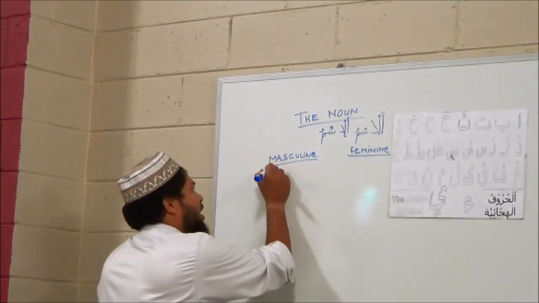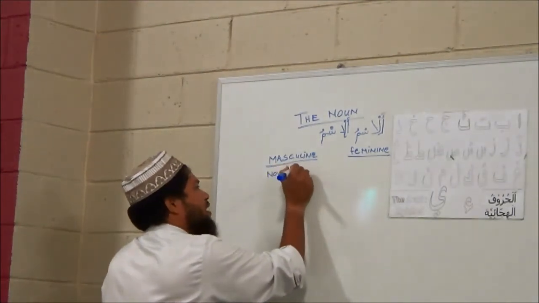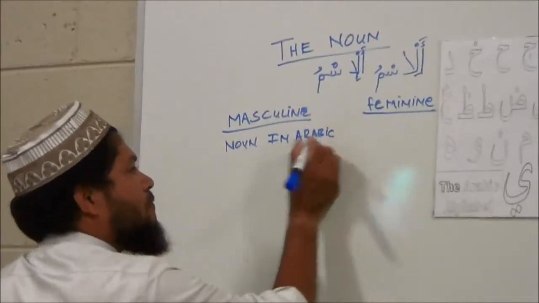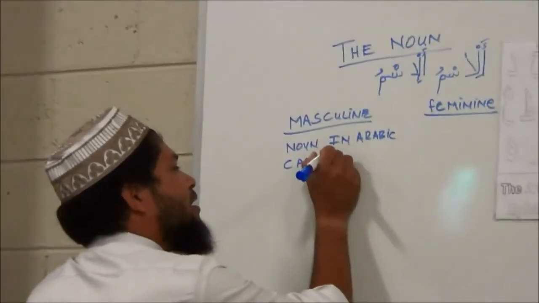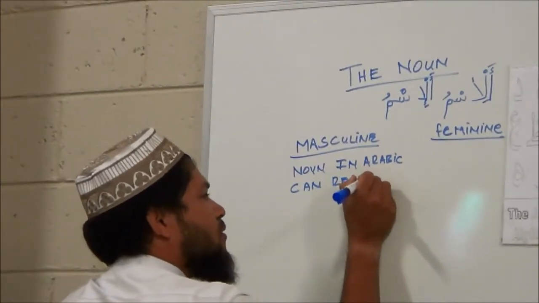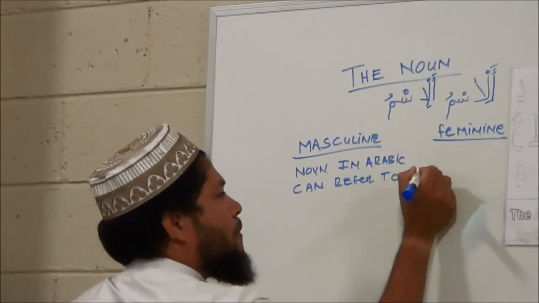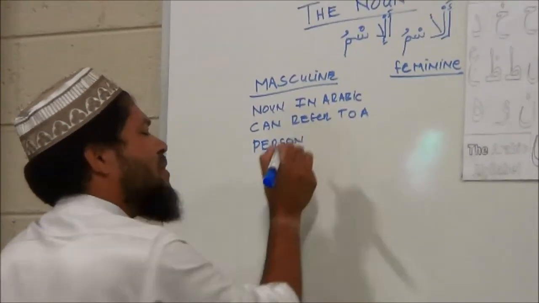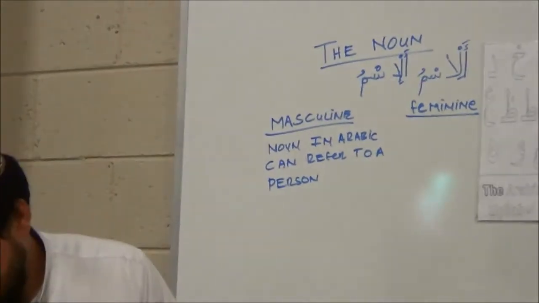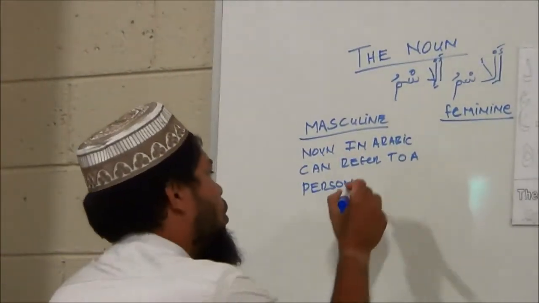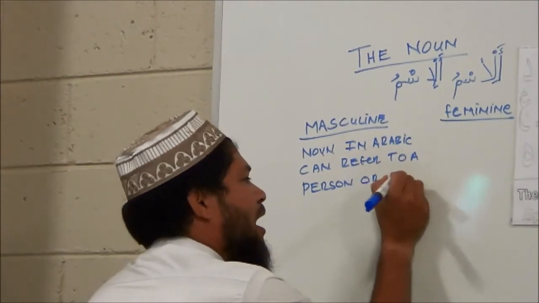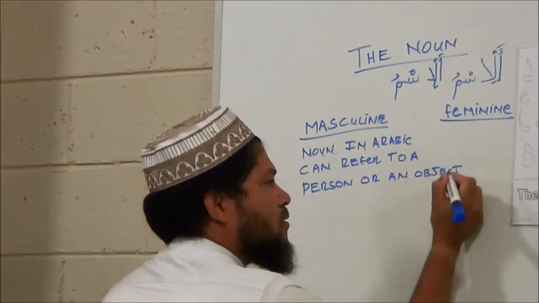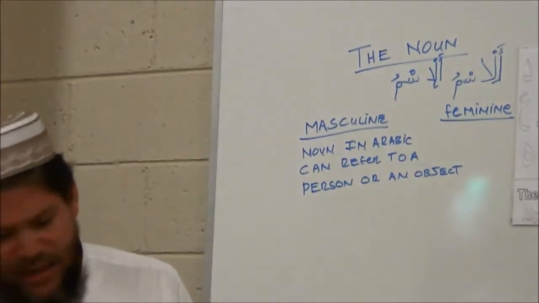The masculine noun in Arabic can refer to a person, meaning a name of a person, or an object, or a thing.